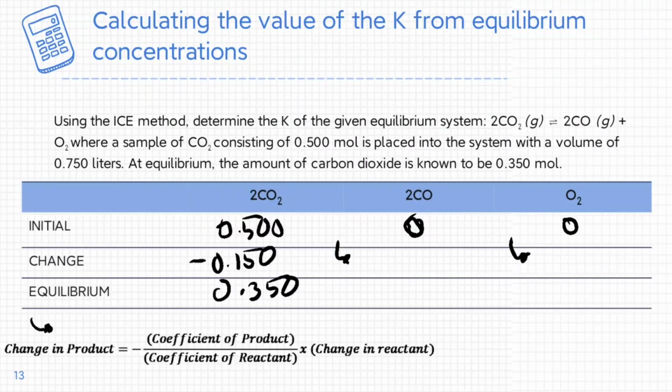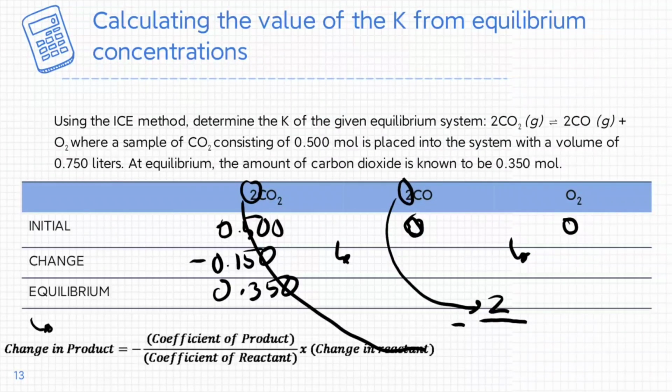So, sabi dito, change in product is equal to the negative coefficient of the product. What is the coefficient of carbon monoxide? It is 2 over the coefficient of reactant. What is the coefficient of carbon dioxide? It is 2. So, ayan, 2, and then 2 sa baba. Okay, tapos, sabi niya, multiplied by the change in reactant.